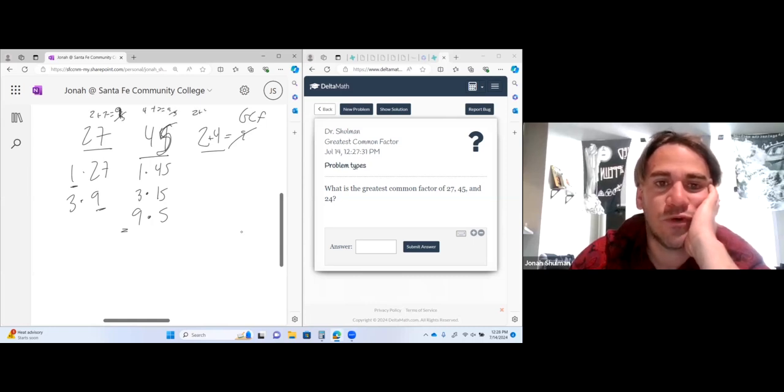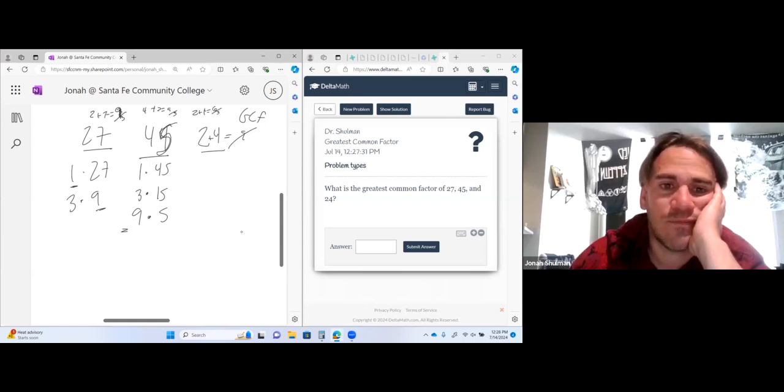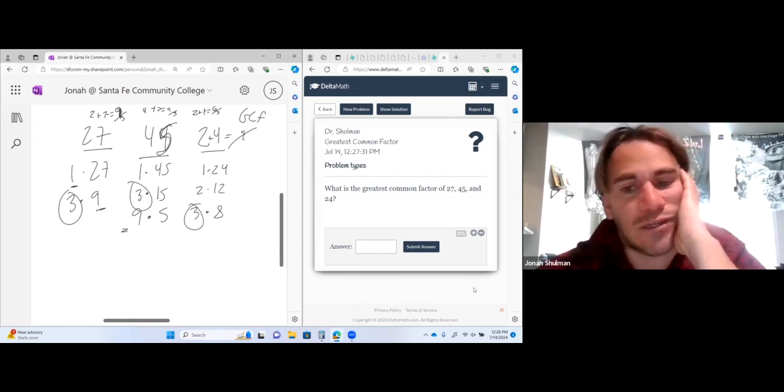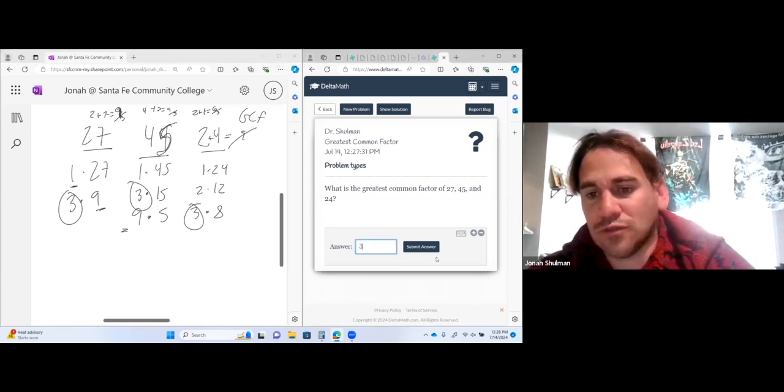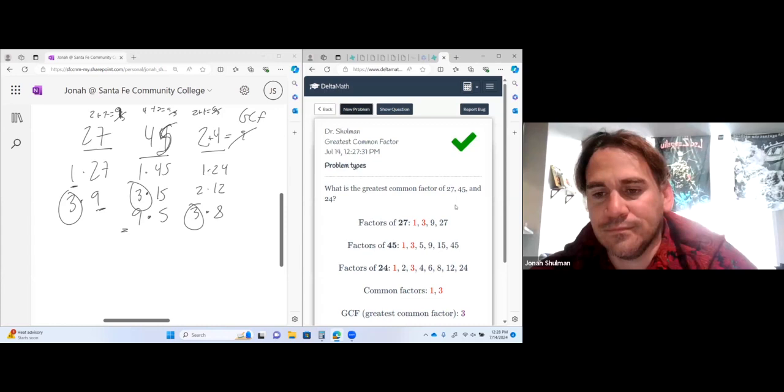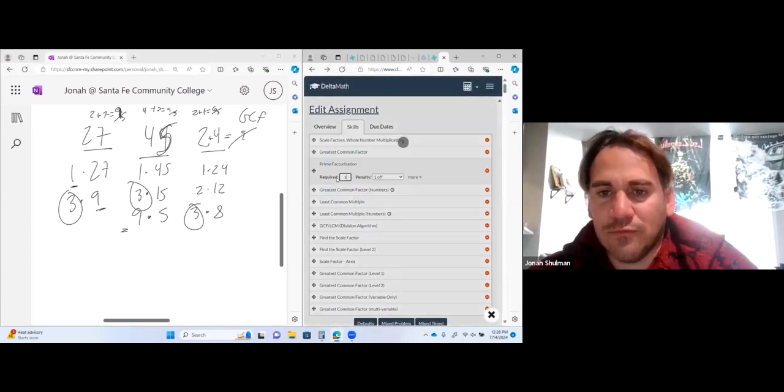And 2 plus 4 is 6, and 3 goes in. So I'm pretty sure it's going to be 3. 24: 1 times 24, 2 times 12, and 3 times 8. 3 is the biggest number in all 3 groups that match. Don't be afraid to show your students the numerology rules. Ta-da!